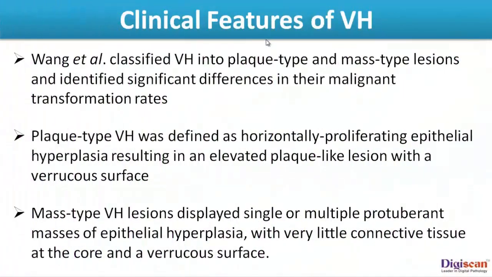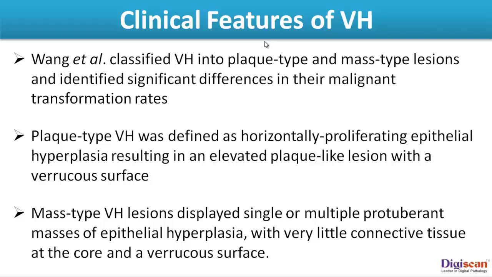Wang et al. classified verrucous hyperplasia into plaque type and mass type lesions and identified significant differences in their malignant transformation rates. Plaque type of verrucous hyperplasia was defined by them as horizontally proliferating epithelial hyperplasia resulting in an elevated plaque-like lesion with a verrucous surface.